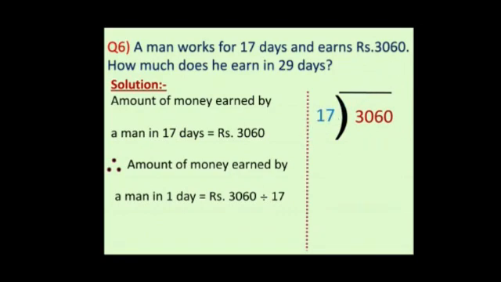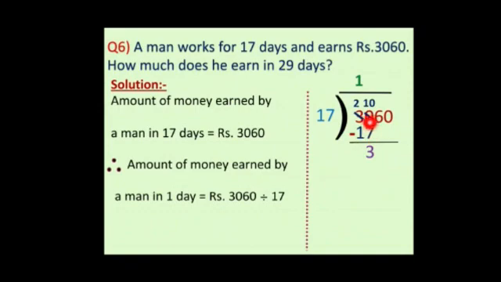3060 divided by 17. So here 17 ones are 17, right? So here we cannot subtract 7 from 0. So we need to take a borrow. After taking the borrow we have here 10, right? 10 minus 7 will be 3.